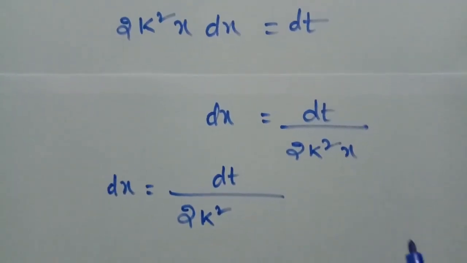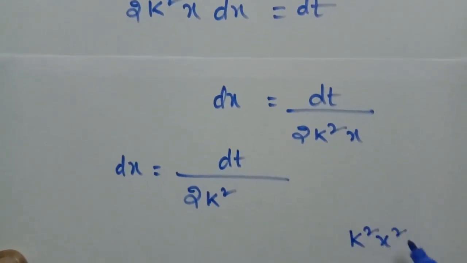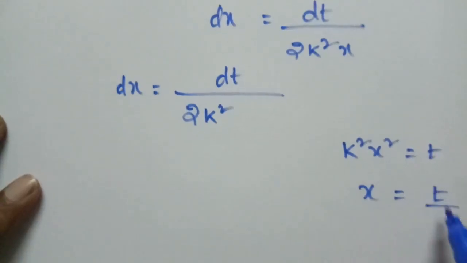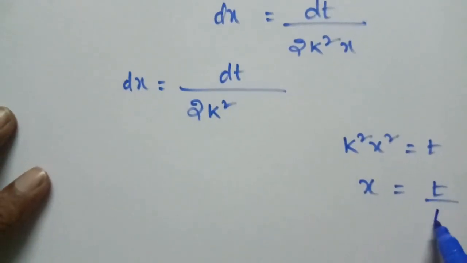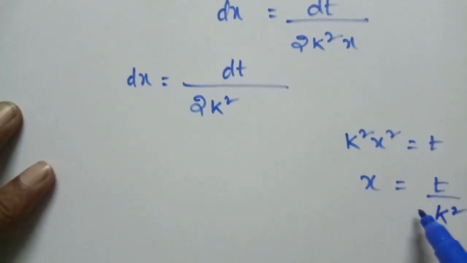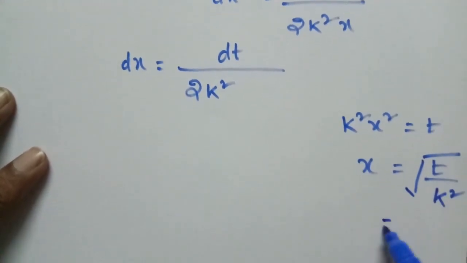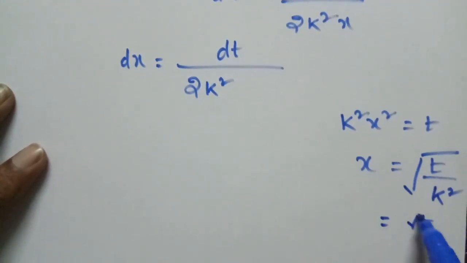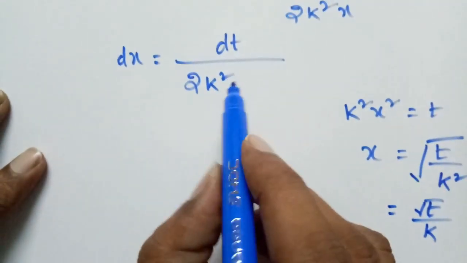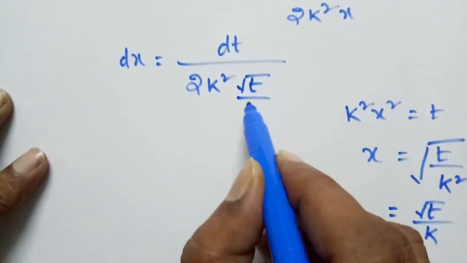So x is equal to, we know that k square x square is equal to t. X is equal to t by k square, that is a square root of t by k square, that is equal to square root of t by k. So therefore this is square root of t by k.